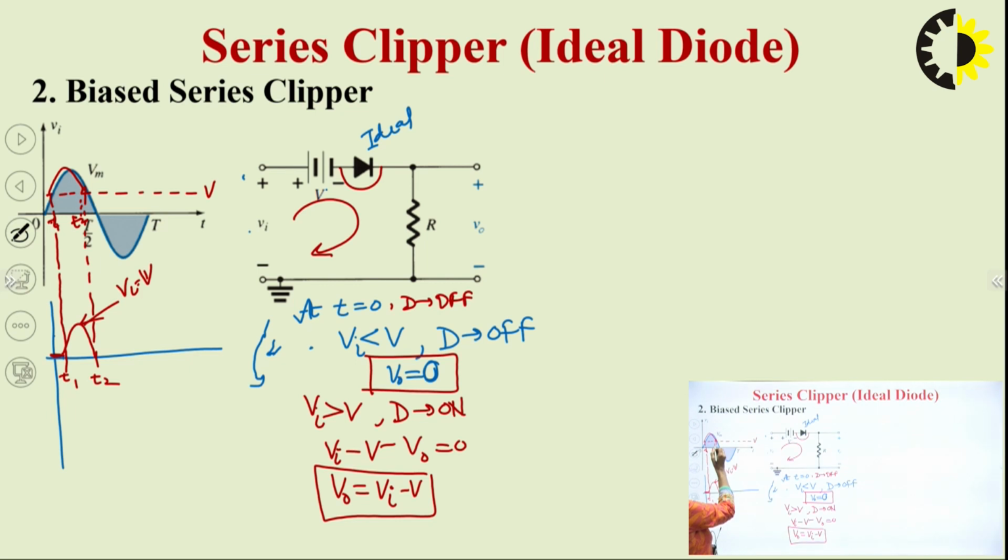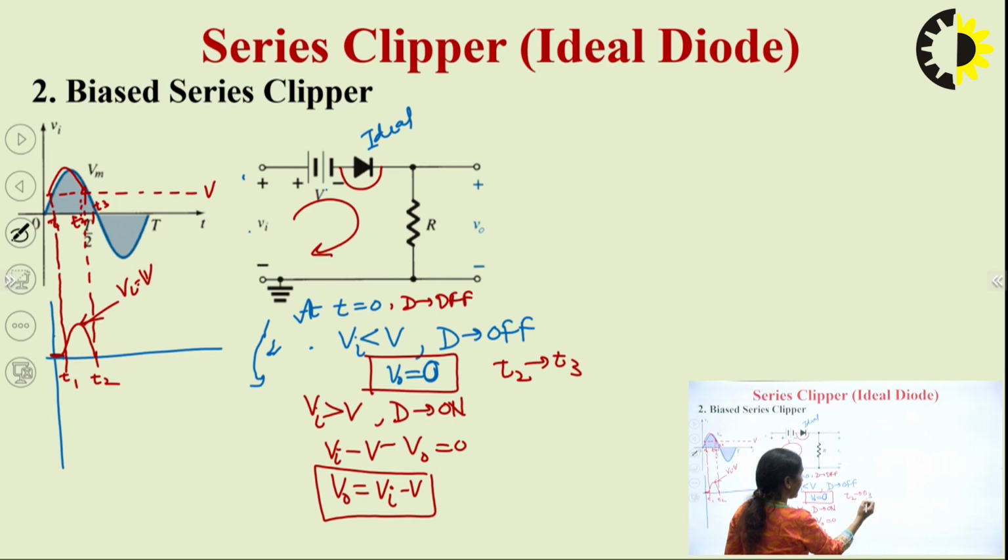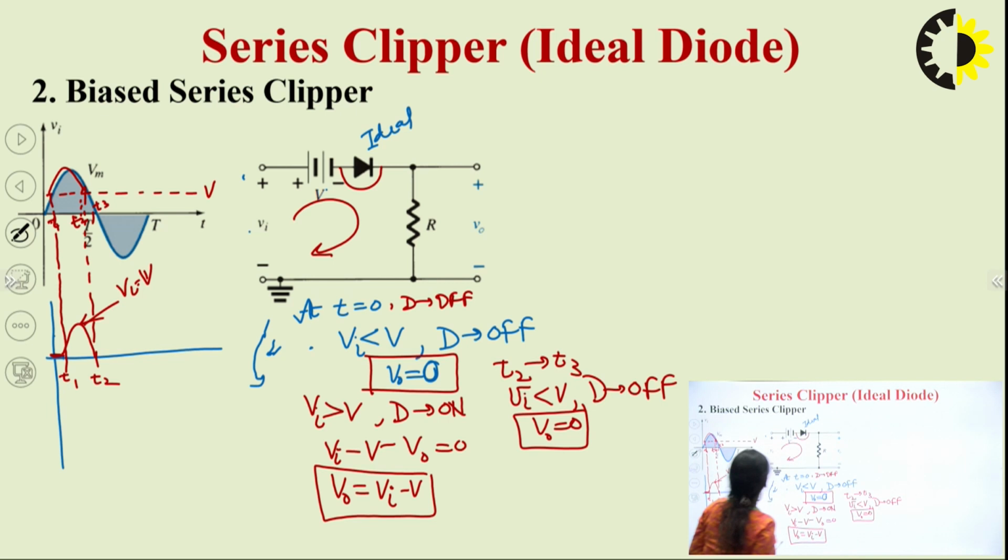Now coming to the time period T2 to T3, again your Vi is less than V volt. So diode is off. So output is equal to 0. So I can say that during this time period, again my output will be 0.